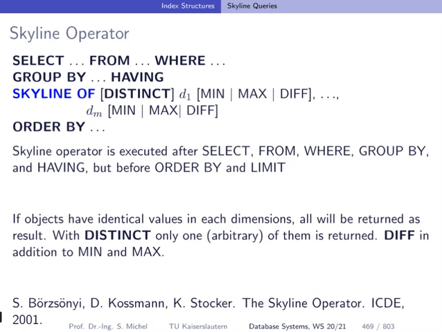Now, how can this be expressed in SQL? Well, it cannot be expressed in SQL right away unless we integrate a new operator, and this was proposed by this very famous paper, the skyline operator, already published in 2001, where the authors proposed a new operator in SQL that is expressing the skyline conditions.